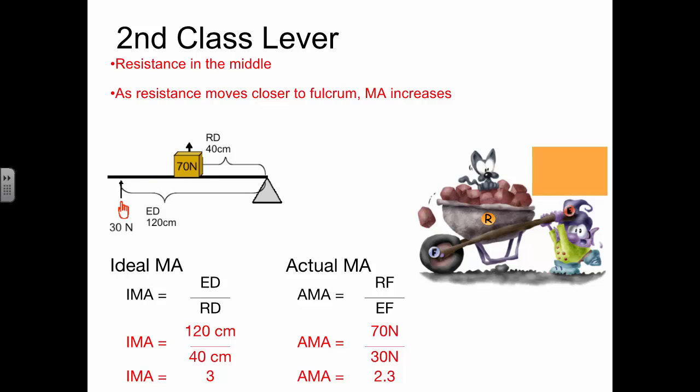If I had a wheelbarrow full of cement, it was really heavy. So I would put as much of the cement towards the front of the wheelbarrow as possible. It's much easier to lift, because basically what I'm doing is changing the resistance distance. If you load up the front of the wheelbarrow, you can lift the handles much easier, and that made it easier to move.